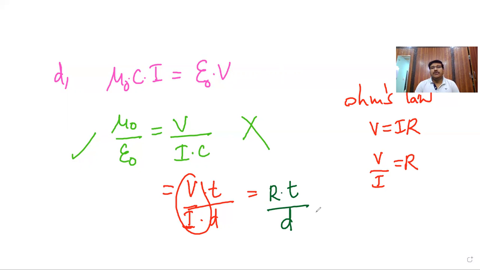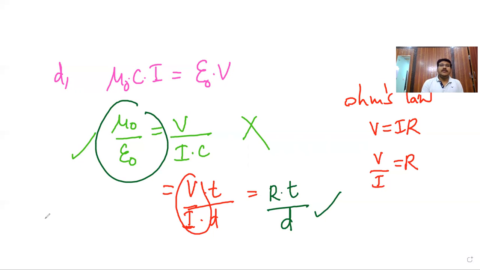So again, it is going to lead to a complicated simplification. So hence, from the earlier case, mu naught by epsilon is simply V square by I square, not this. So this option is a wrong option.